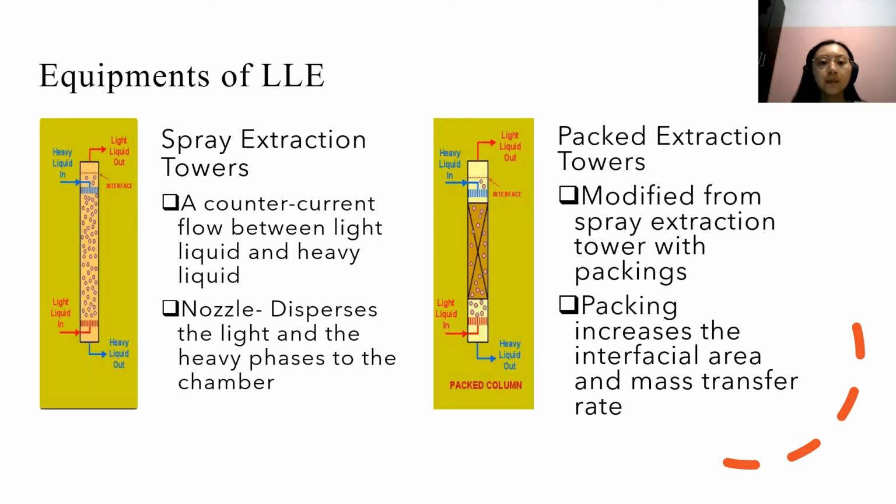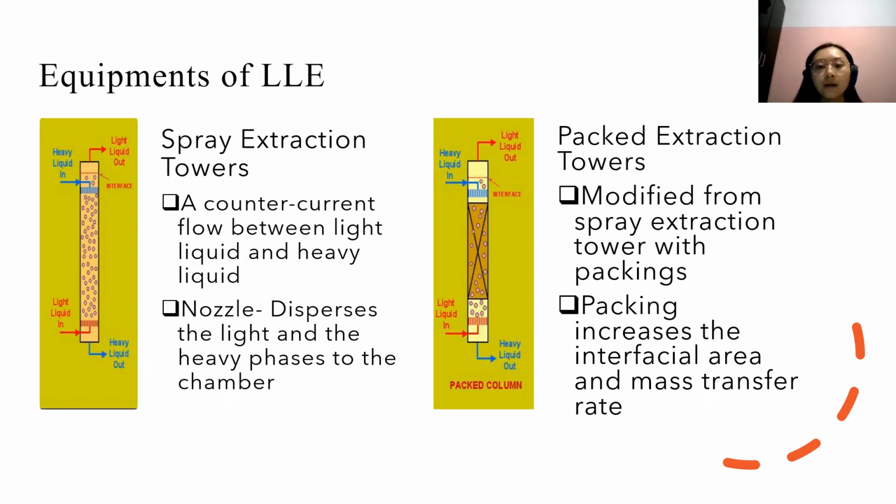The first equipment of LLE is the spray extraction tower. There is a counter-current flow between light liquid and heavy liquid. Light liquid enters the column at the bottom and exits at the top of the tower, while heavy liquid enters at the top and exits at the bottom of the tower. An important apparatus in a tower is the nozzle, which is used to disperse the light and the heavy phases into the chamber.